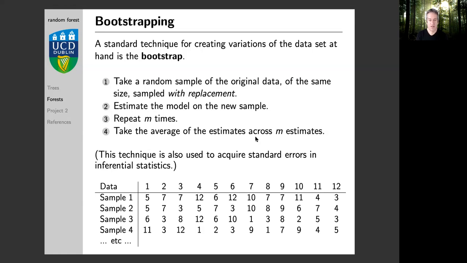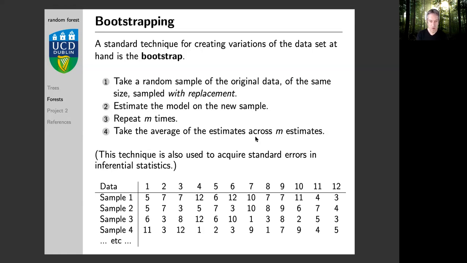Below you see it lined out with an example data set. We have a data set that has an observation 1, 2, 3, 4, up to 12. And then we take different Bootstrap samples, and each time it is a random sample of those 12, but with replacements, so with duplicates. Right? Sample 1 had 4 times the 7, 2 times the 12, and then the 3, the 4, the 5, the 6, and the 10.